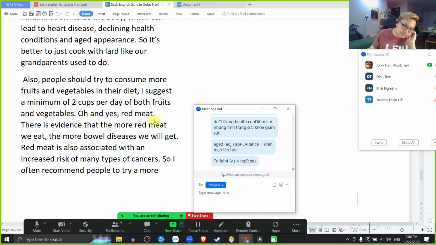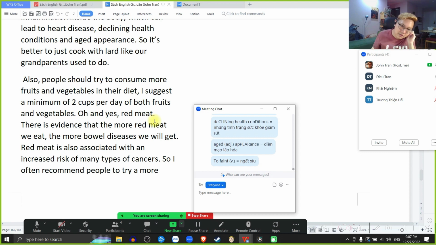I suggest a minimum of 2 cups per day of both fruits and vegetables. Oh, and yes, red meat. There is evidence that the more red meat we eat, the more bowel diseases we will get. Red meat is also associated with an increased risk of many types of cancers.